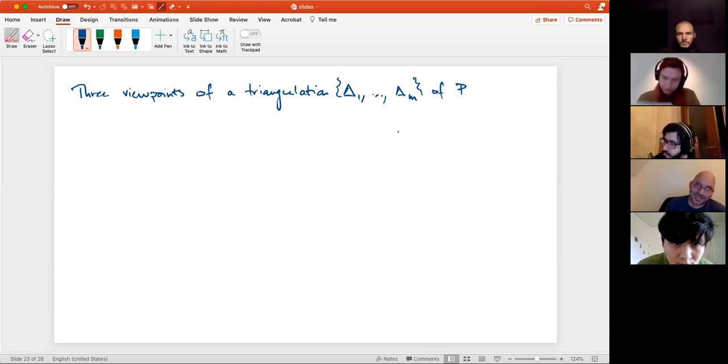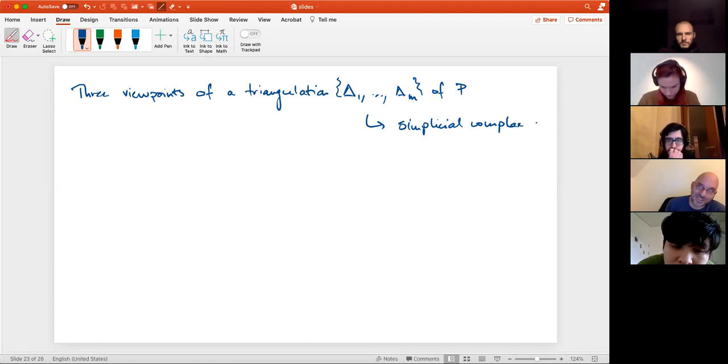From this you're going to get an actual simplicial complex, by taking all of these simplices. Let's call it T for triangulation, by taking all simplices delta 1 through delta m and their faces.